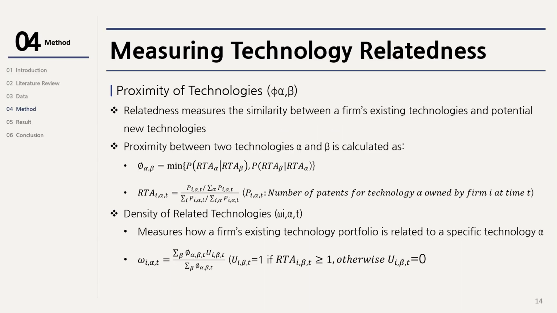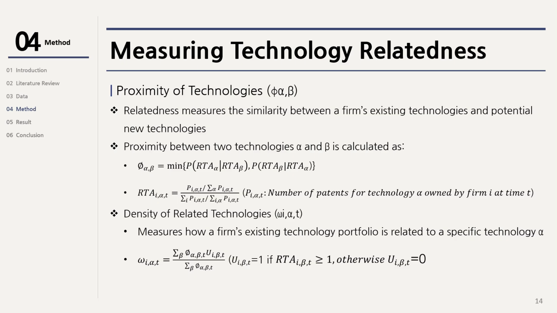First, let's discuss how technological relatedness is measured. It is calculated based on the co-occurrence of specific codes in patent filings. The first equation shows the probability of one technology being used when the other is present. A higher proximity value indicates strong connections between the two technologies.